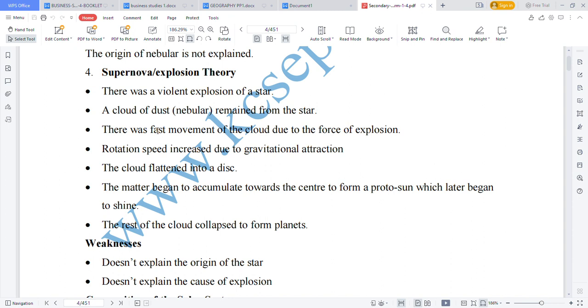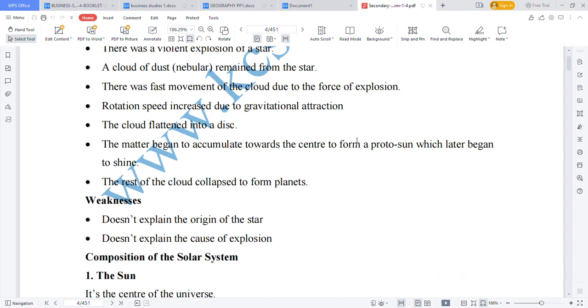Supernova or explosion theory. There was a violent explosion of a star. A cloud of dust, which is nebula, remained from the star. There was fast movement of clouds due to the force of explosion. Rotation speed increased due to gravitational attraction.